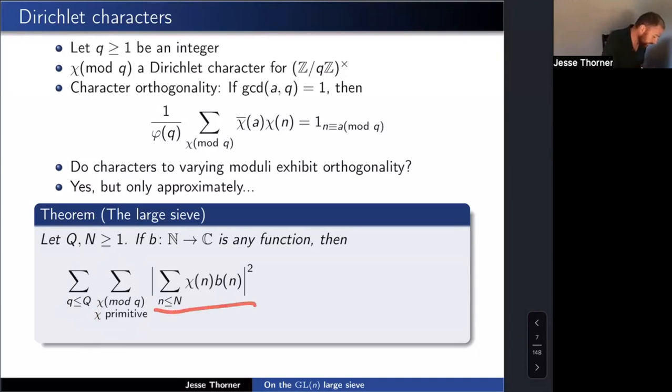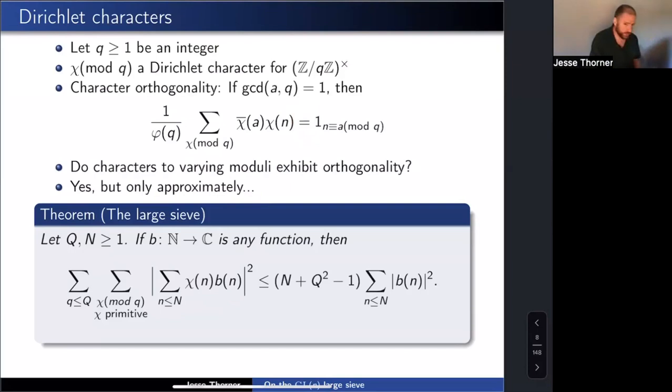I'm summing the modulus squared of the sum over little n going up to big N of chi of n b of n. And instead of having an equality like I do for character orthogonality to a specific modulus, I'm only going to have an upper bound for this because I'm only able to establish an approximate form of orthogonality. And this is the upper bound that we achieve.